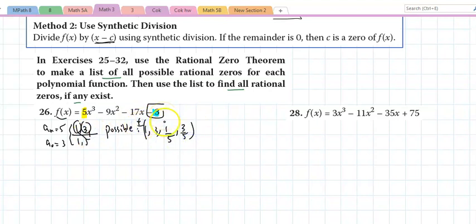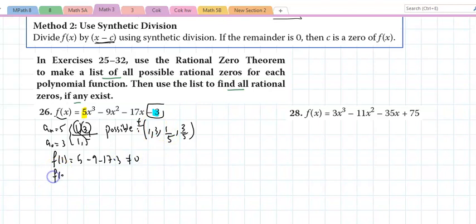Now, one way of figuring out if 1 works, 1 is the easiest number to work with. If I plug 1 in, if I figure out what f of 1 is, well, that is 5 minus 9 minus 17 minus 3. And I notice that doesn't equal 0, so 1 didn't work.